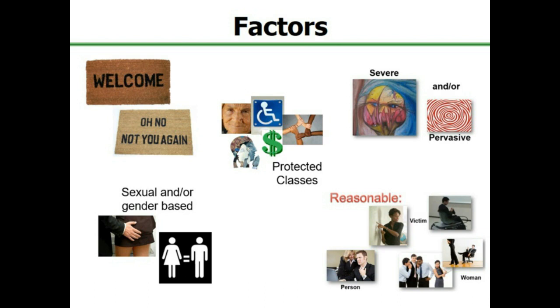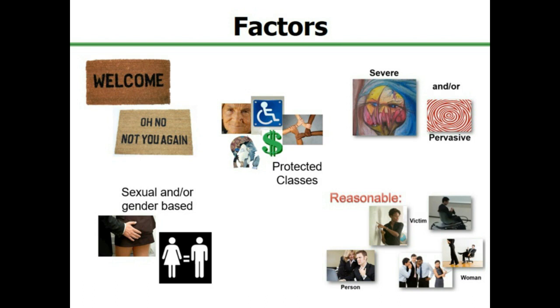Generally speaking, if something is severe, it means that it was a sexual assault. Or using the N-word one time. Using the N-word one time has been determined by at least two appellate courts to be severe enough that the case went back down to the lower court for a trial.